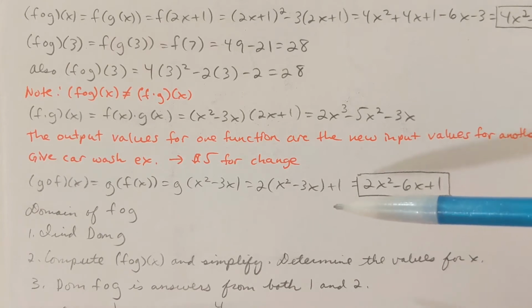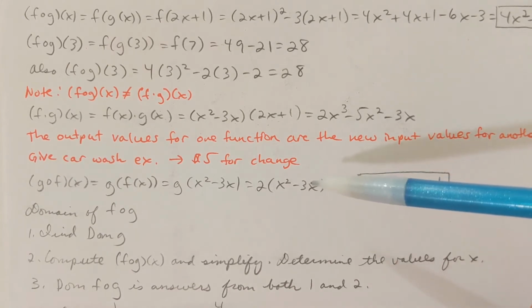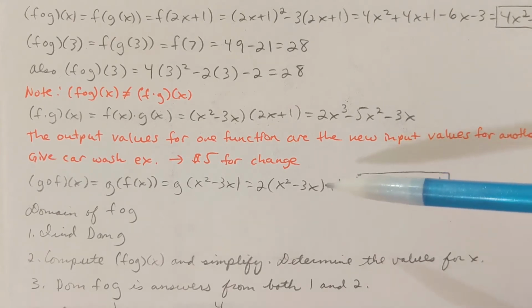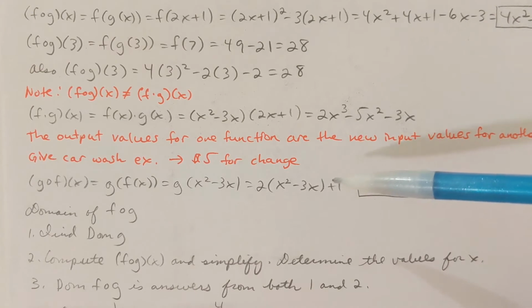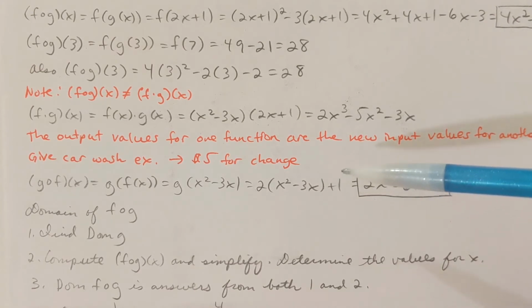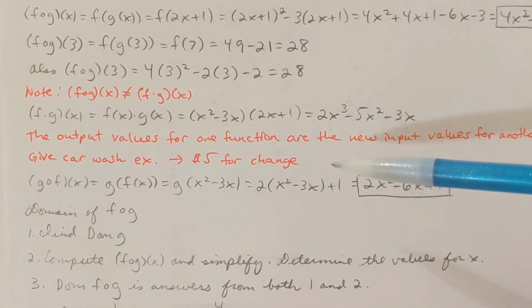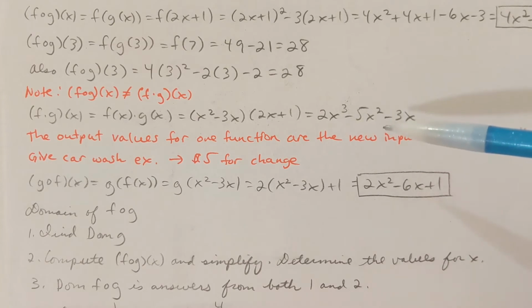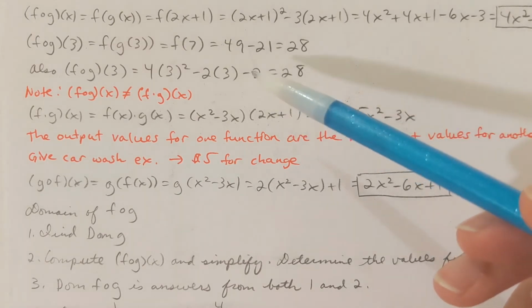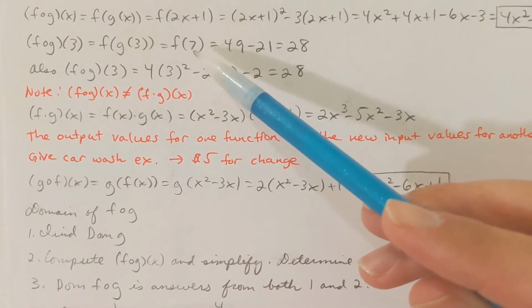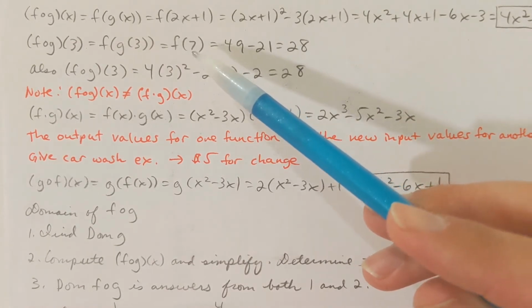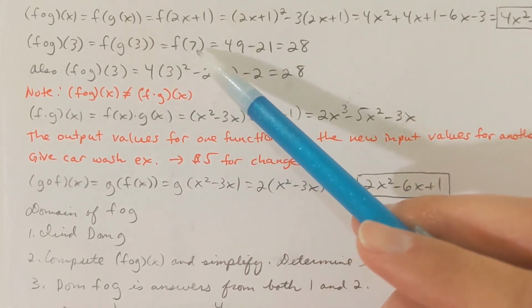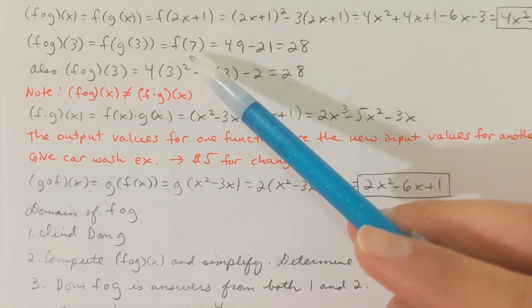So the $5 bill would have to be plugged into the machine, and you get all these quarters. The quarters are going to be used for the new function. So the output values for one function are going to be the new input values for another function. It's kind of like here: the output values for g of 3 are the new input values into f of x.